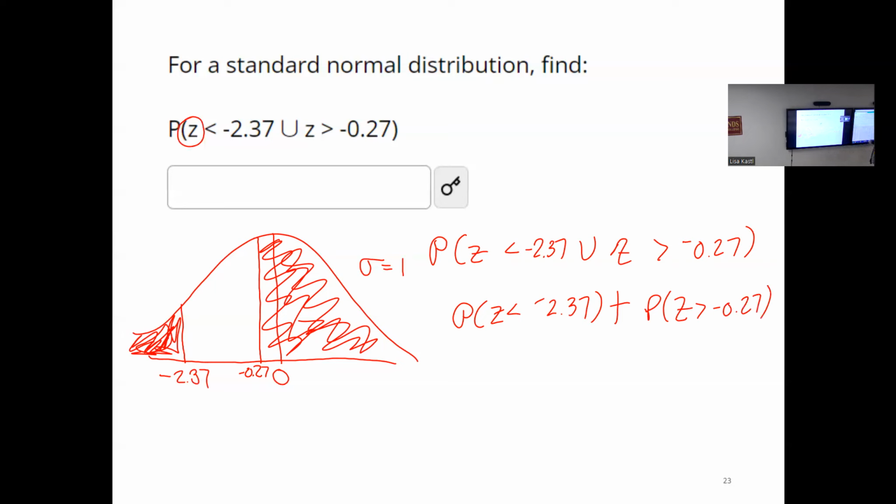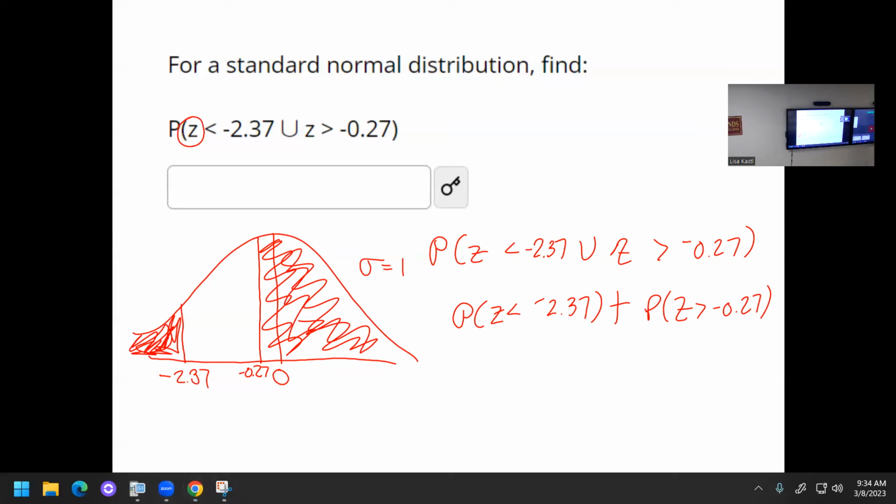Okay, so now I'm going to do this on my calculator. All right, so to find the probability that Z is less than negative 2.37, I'm going to use the cumulative normal distribution.